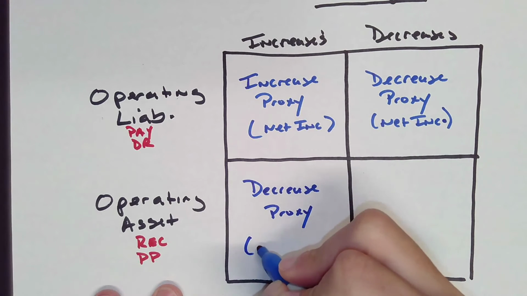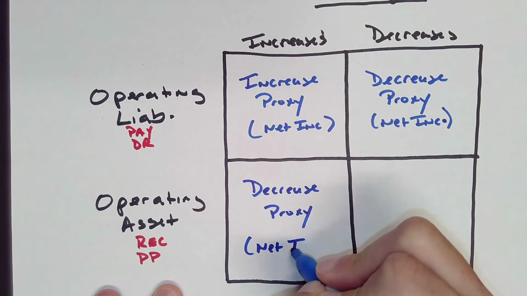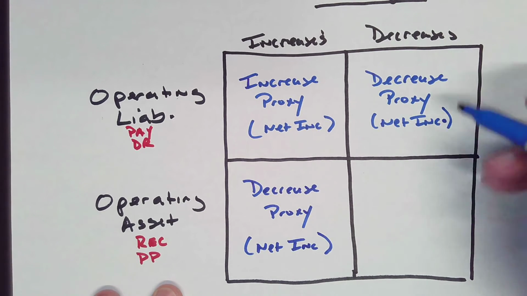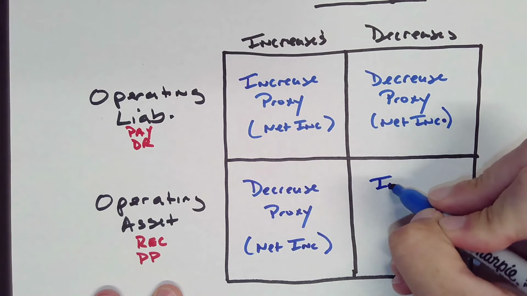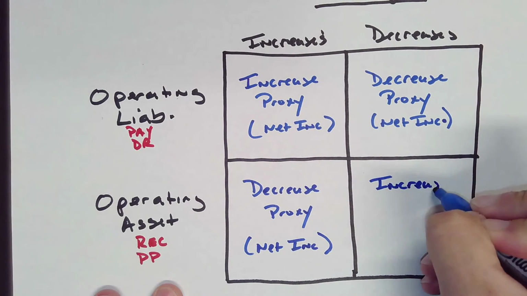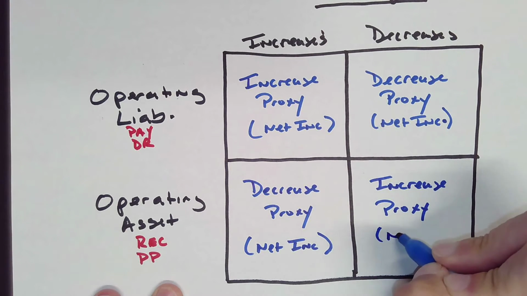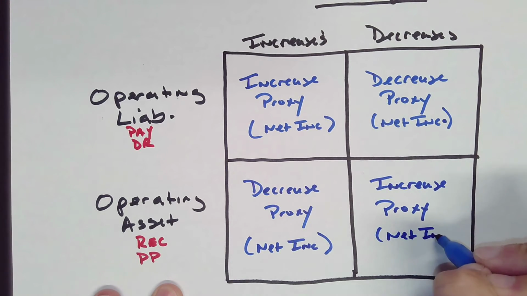Again, the proxy is net income. And if I have decreases in the operating asset, I want to increase my proxy. Again, my proxy is net income.